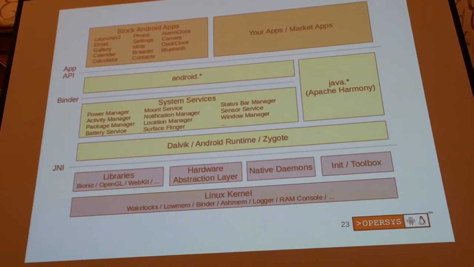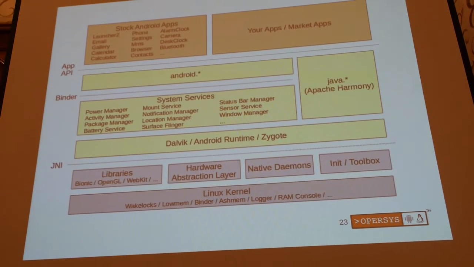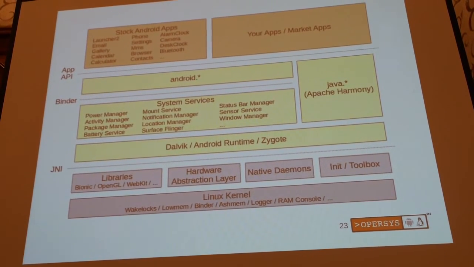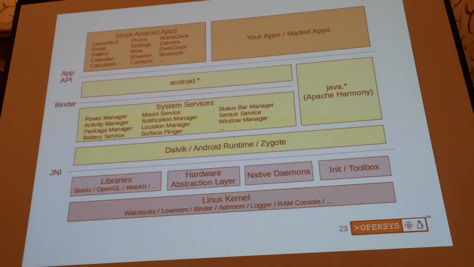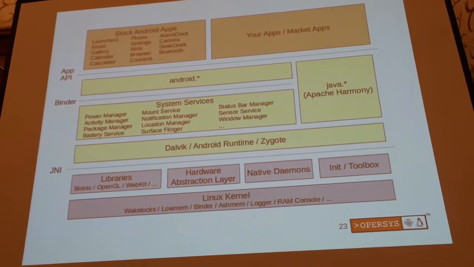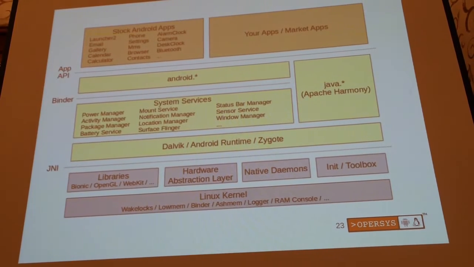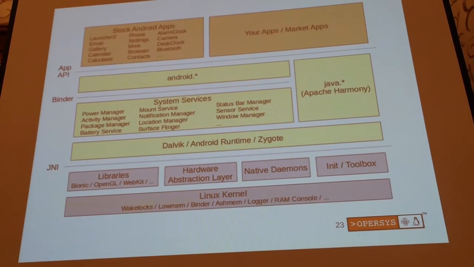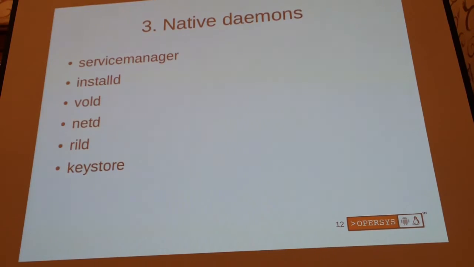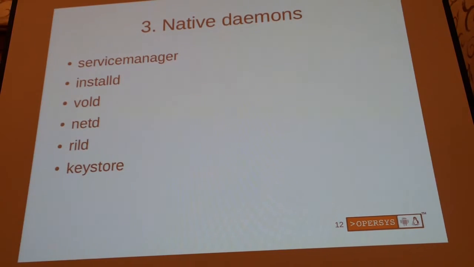So for example, if you want to install a new app, remember every app has a user, and therefore you have to create that user and set the proper directory permissions. Well, you kind of have to be root to do that. All right? System server can't do it, and therefore there is a native daemon that does that for it, and it's called installd. So there's a whole bunch of these native commands or daemons that are actually very useful.